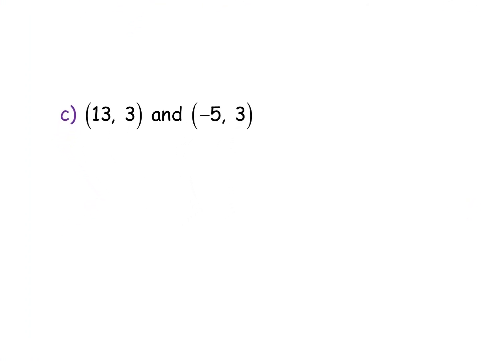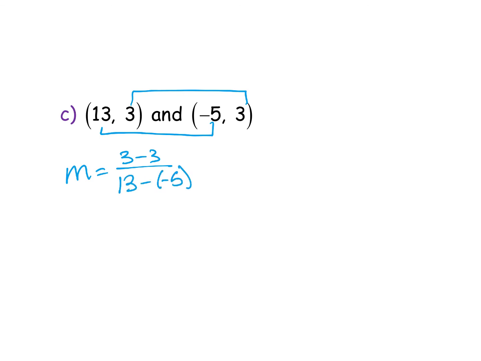Okay, so now I'm going to take, again, my y's over my x's. So I got 3 minus 3 over 13 minus a negative 5. So what's 3 minus 3?